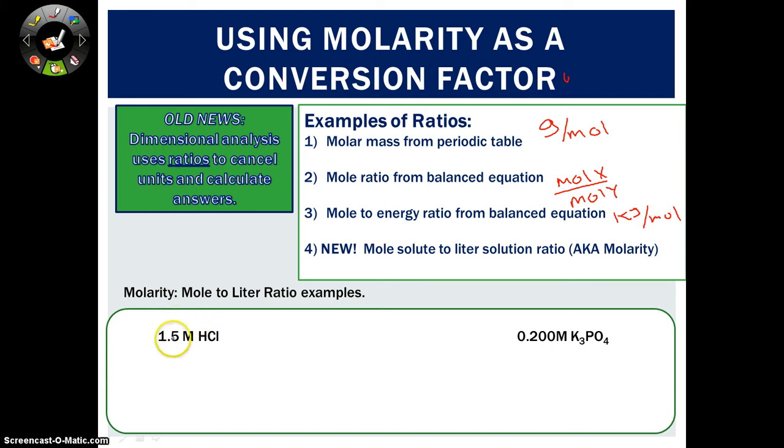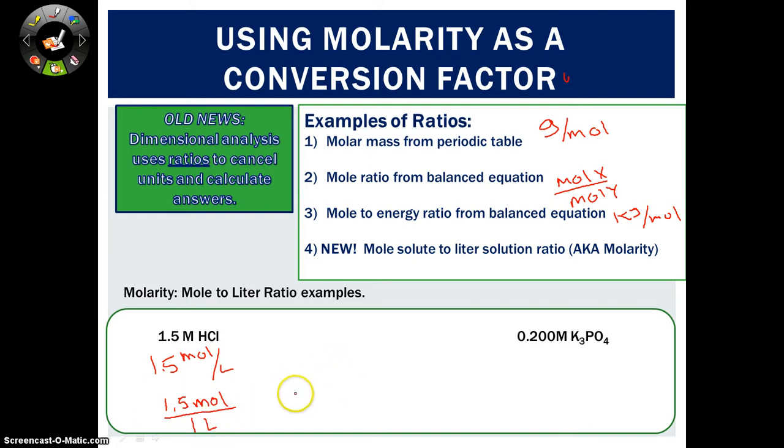If I have a 1.5 molar solution of hydrochloric acid, remember molar is moles per liter. So I can write this as 1.5 moles per liter. Ratios, remember we can do 1.5 moles per 1 liter.